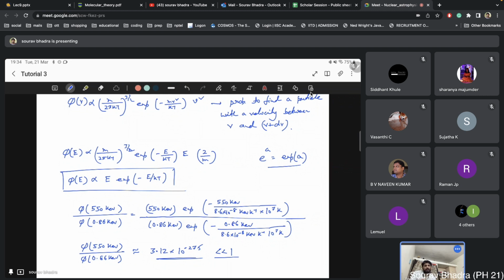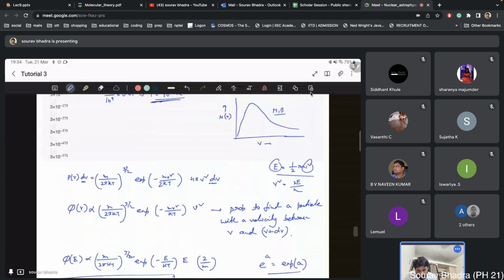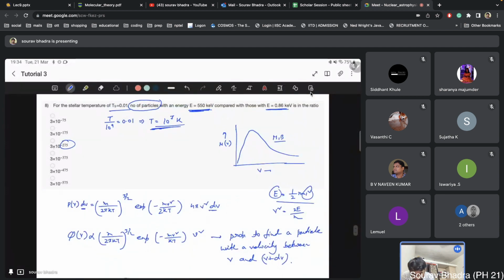Vice versa, the number of particles in a lower energy level is higher than in the higher energy level. The power is mainly important for this question, so this is your answer.